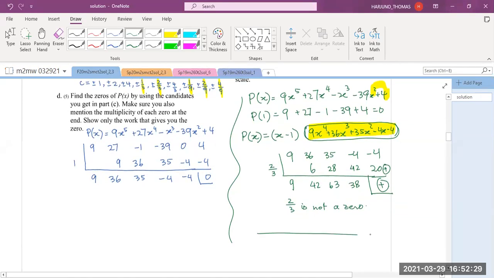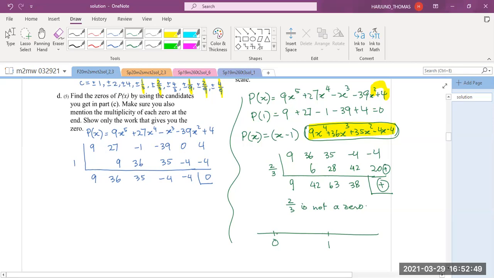But from here we have some important information from this synthetic division. We suspected earlier that between 0 and 1 there must be a 0, according to the intermediate value theorem on x equals 0 and x equals 1.